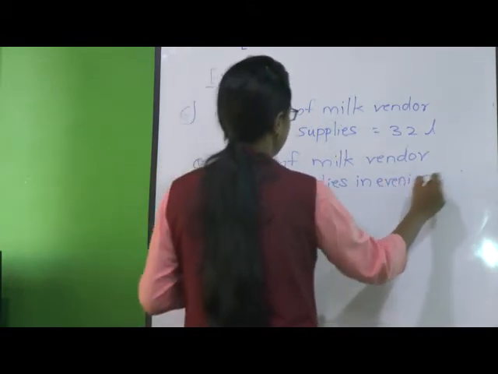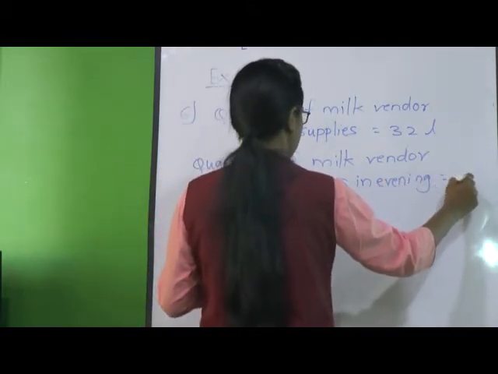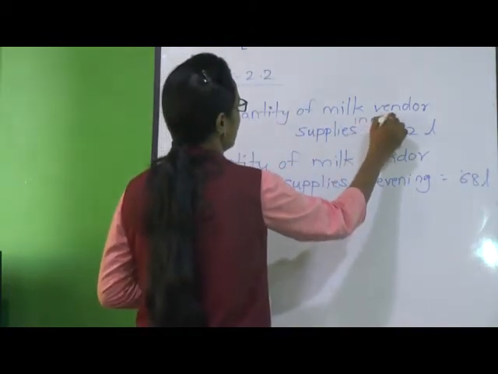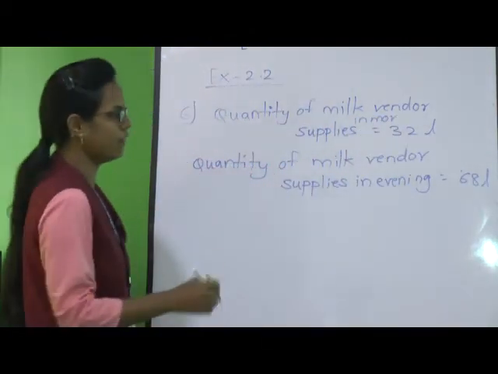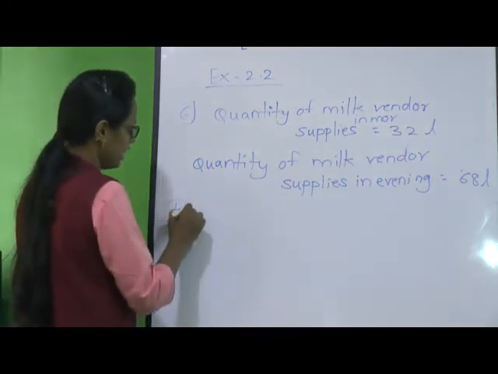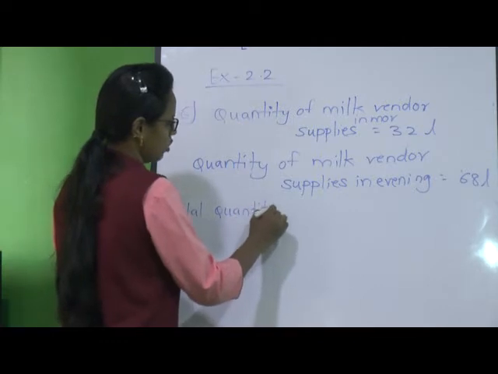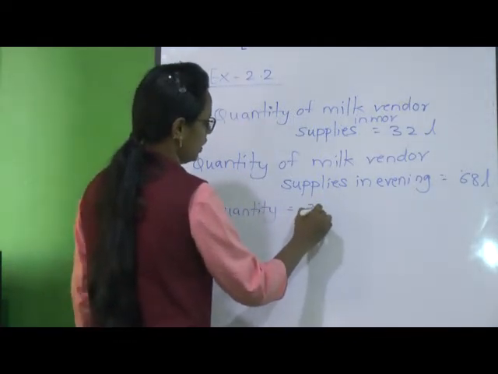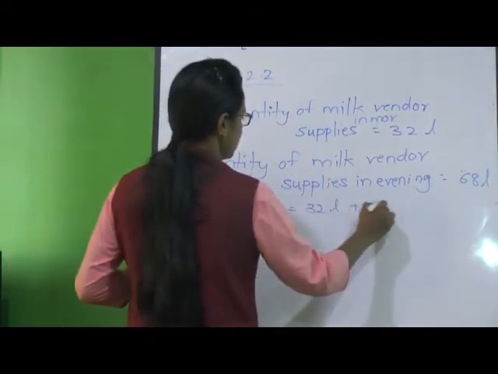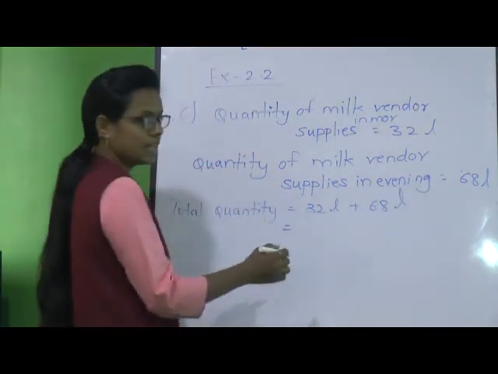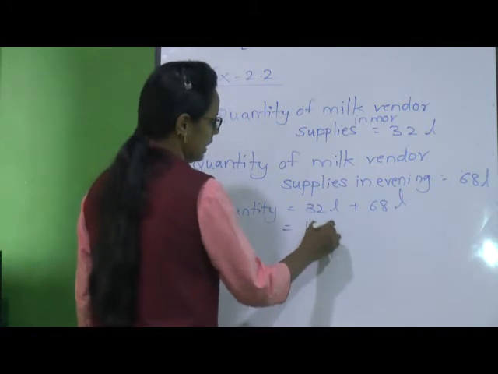How much is it? It's 68 liters. Here he supplies in the morning and here in the evening. So we are going to find the total quantity of milk first. What is the total quantity? 32 liters plus 68 liters. We got the answer as 100 liters.